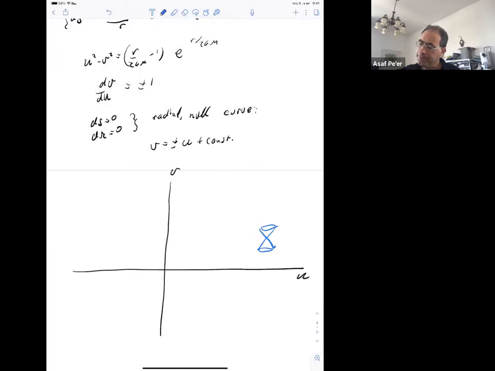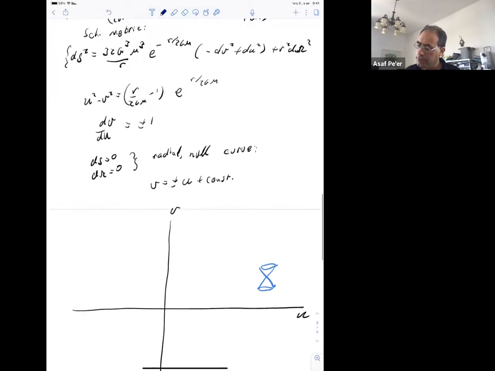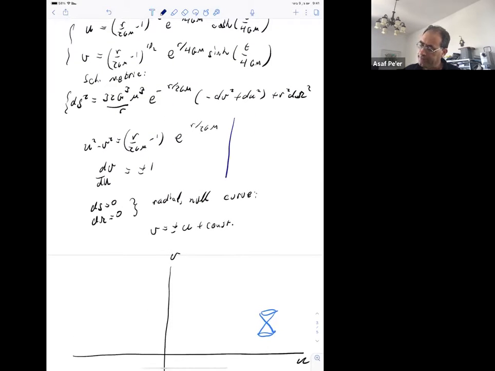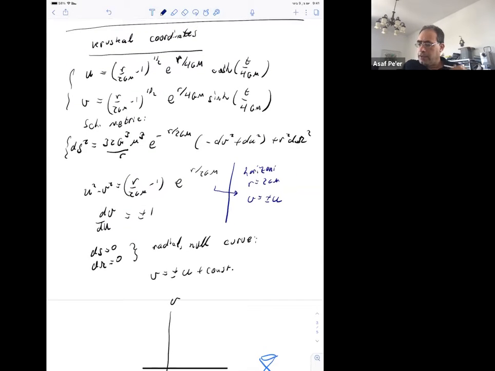Now the horizon, r equal to 2GM, is defined as v equal to plus or minus u from here. Now I was asked, and that was my mistake, I didn't answer it right away: why not simply put u equal to 0 and v equal to 0? And the answer is simple, because then you have a 0 here indeed, but then you have an infinite in here because time is infinite.